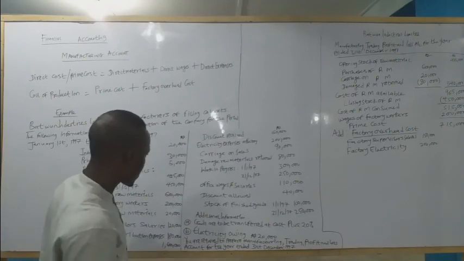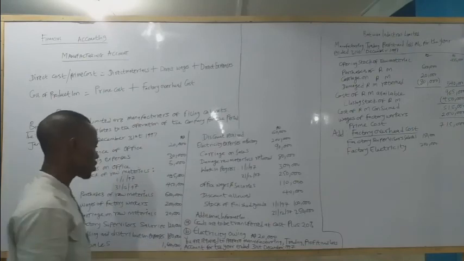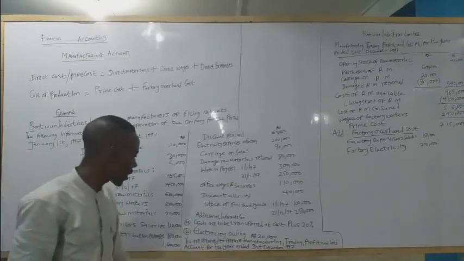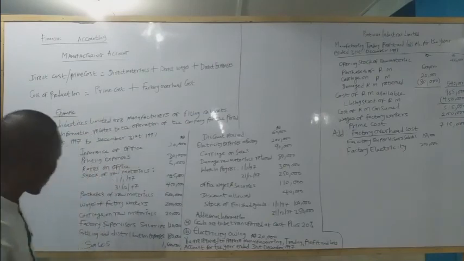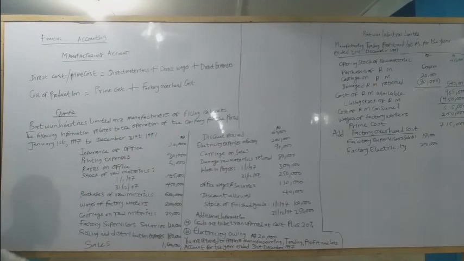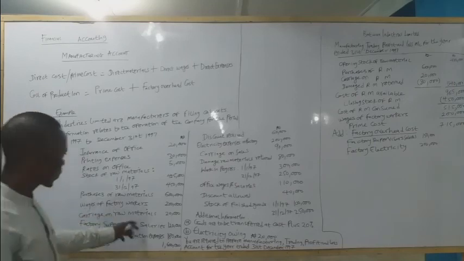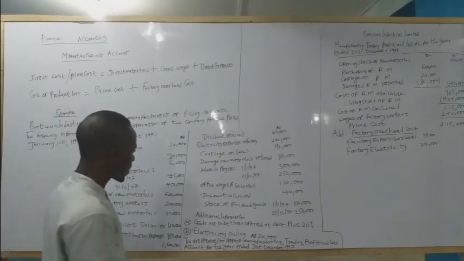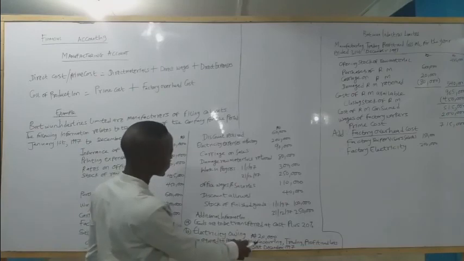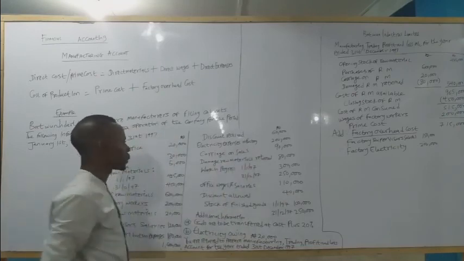Office wages and salaries. Good. This can allow stock of finished goods as we transfer that. Electricity owing of 20,000. If we check, do you have office electricity here? We don't have office electricity. So this electricity owing has to do with what? The factory expenses.